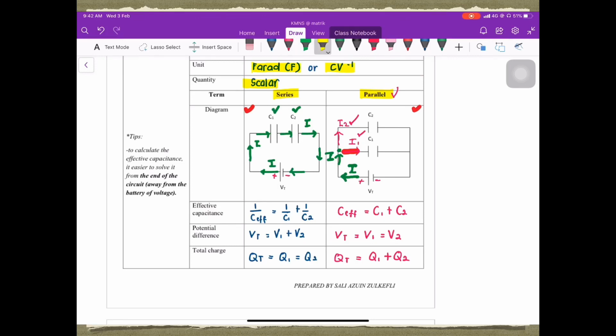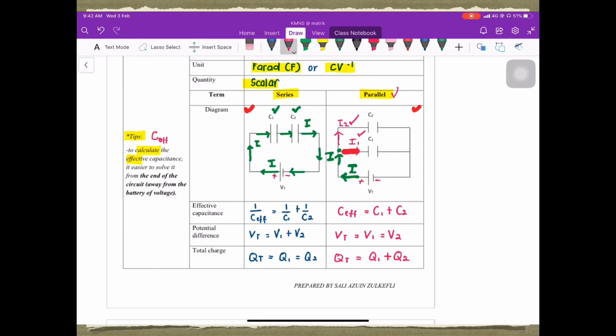Calculate, look at the tips here. To calculate effective capacitance, the effective capacitance is CF. It is easier to solve from the end of the circuit, meaning the capacitor that is far away from the voltage. Next, look at the diagram and the concept.